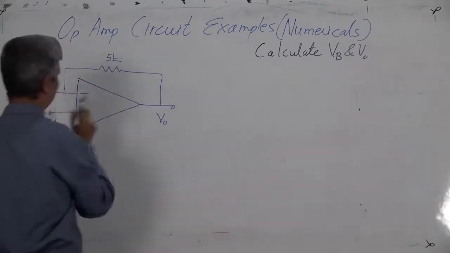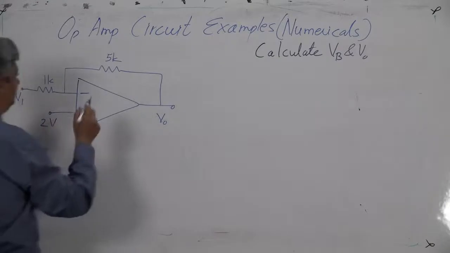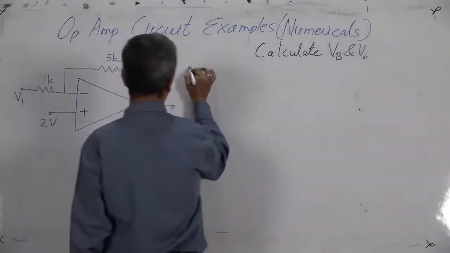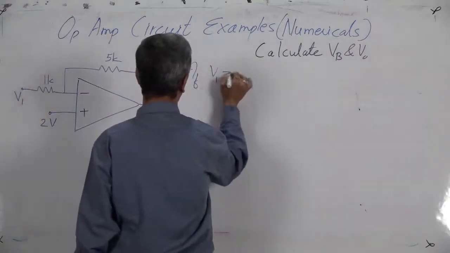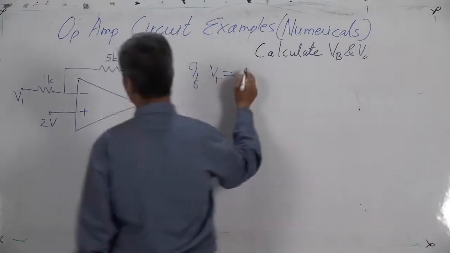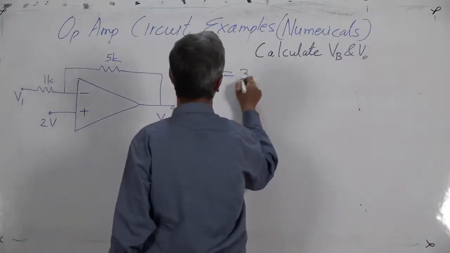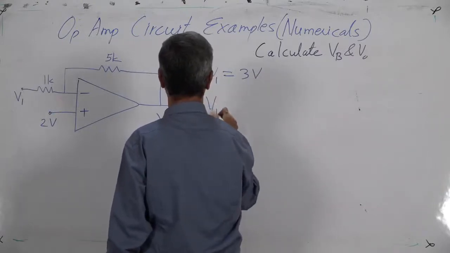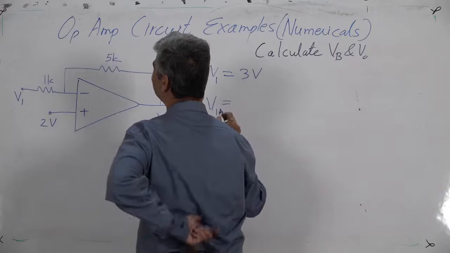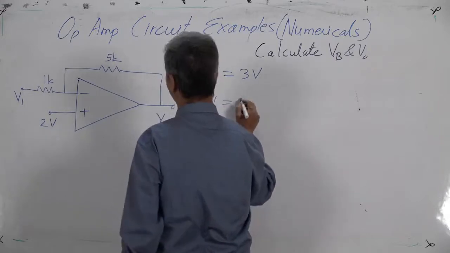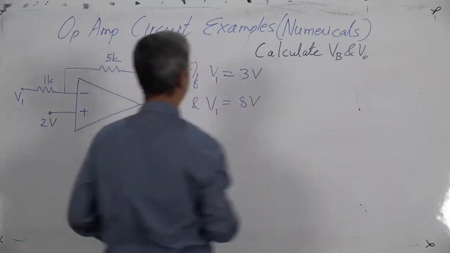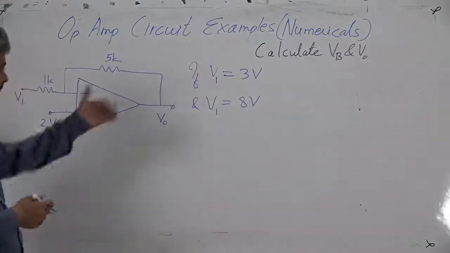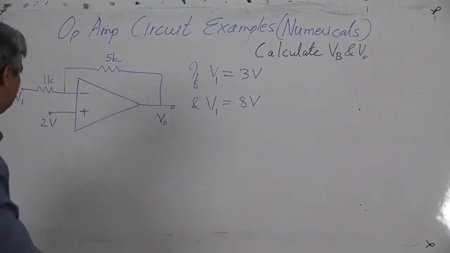Now, calculate VB and VO in this case, two cases. If V1 is equal to 3 volts and V1 is equal to 8 volts. There are 2 examples. So, we start.